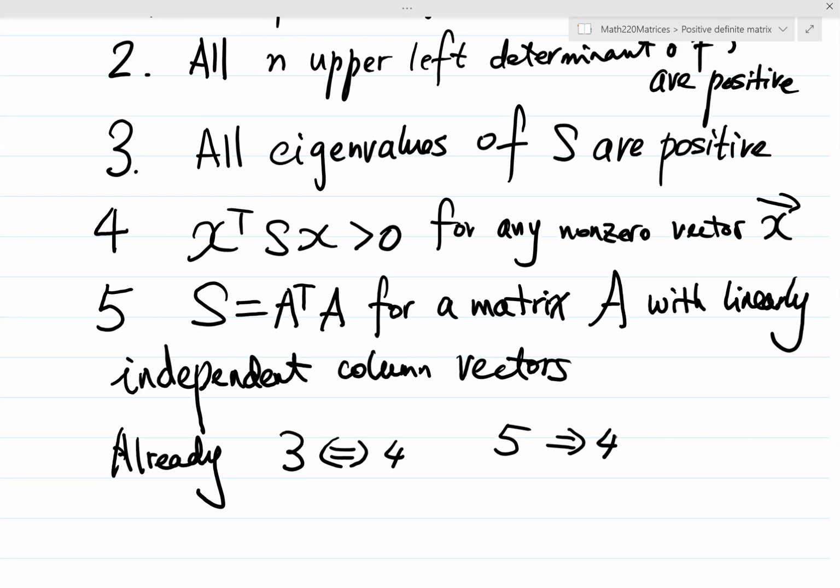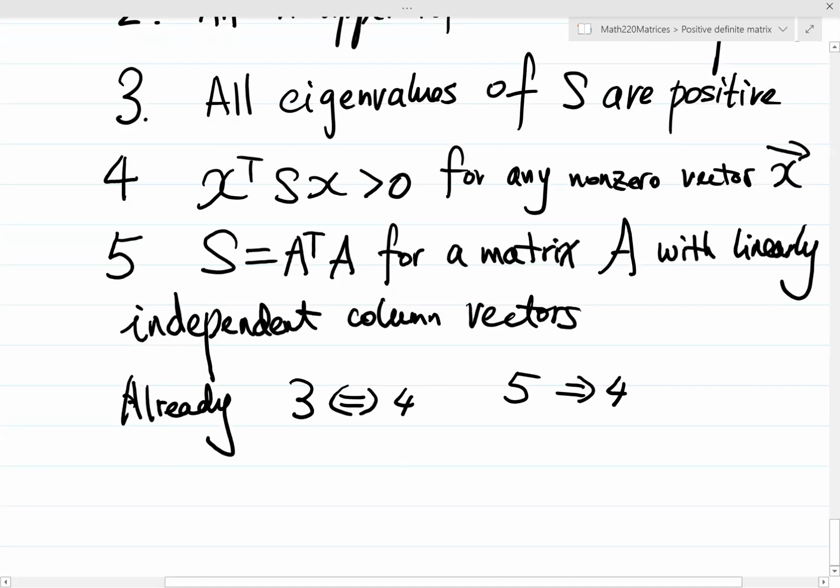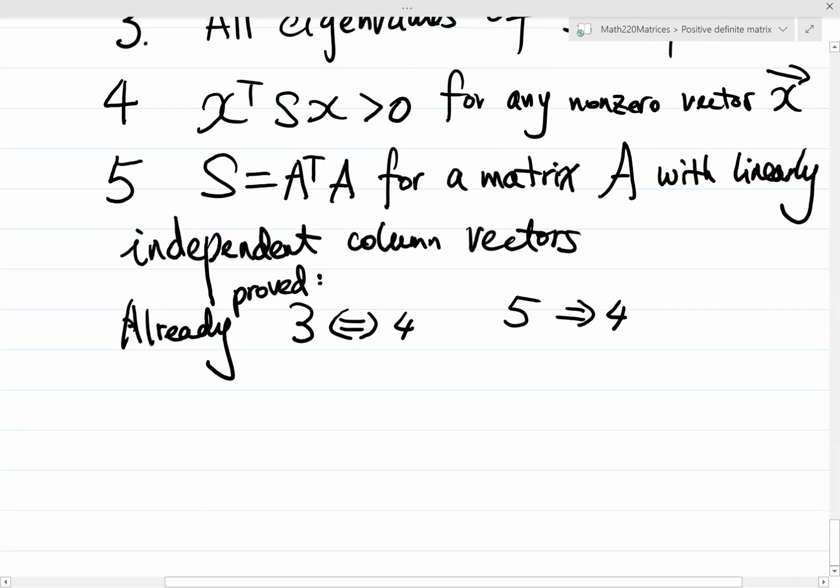How do we prove the backwards direction of 5? Now actually we can prove 4 implies 5. We will prove 4 implies 5 maybe next time.